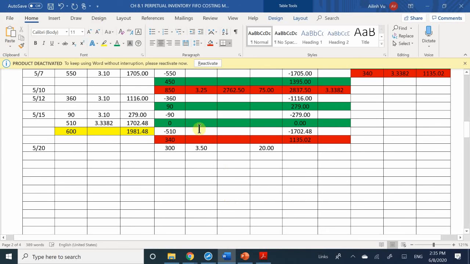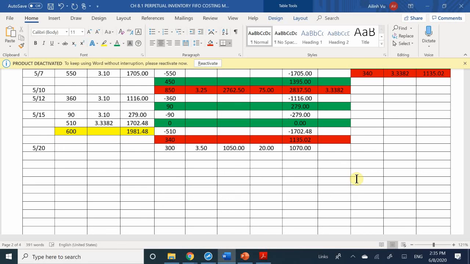All right. So how do we calculate? What's the purchase price? $3.50 times 300 is 1,050. Correct. All right. If we add $20, it's going to be 1070.